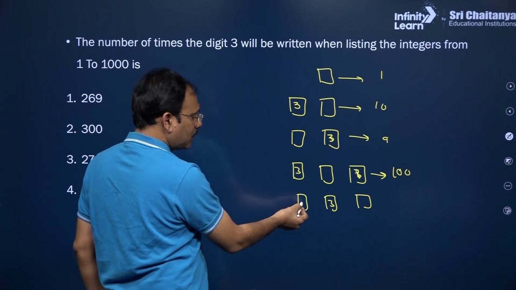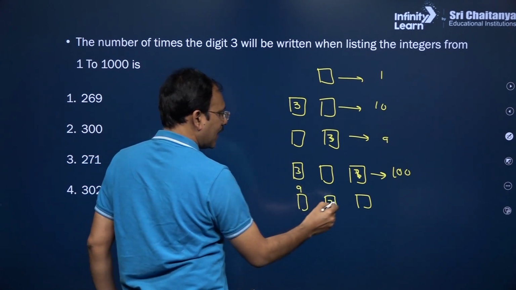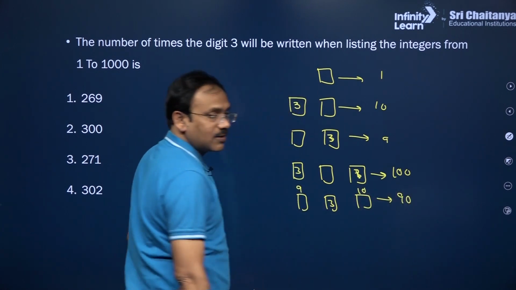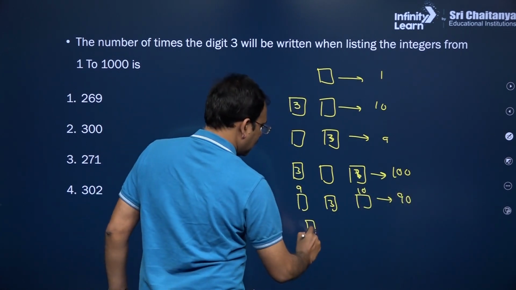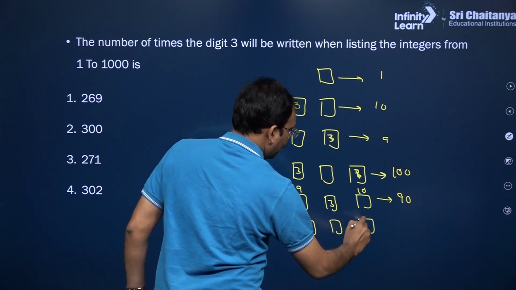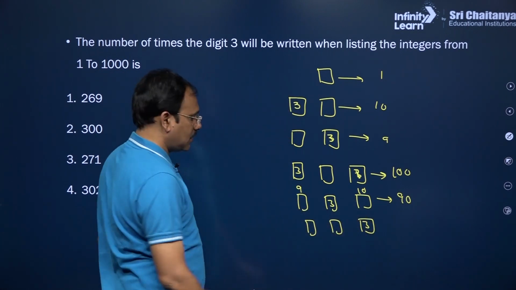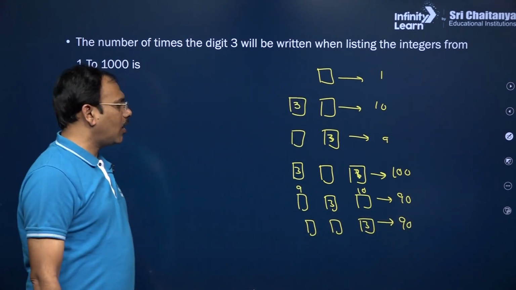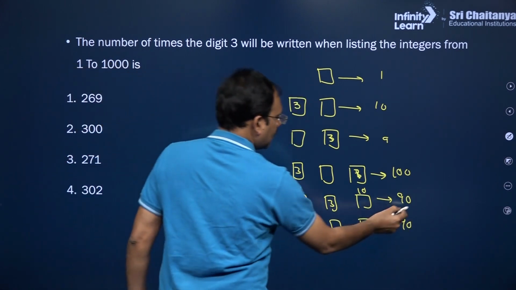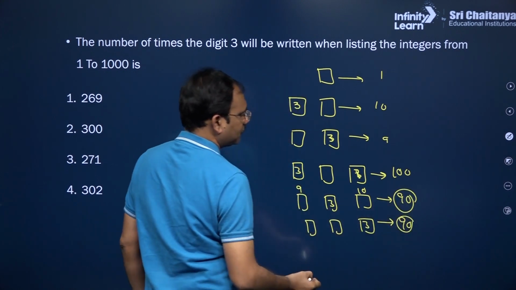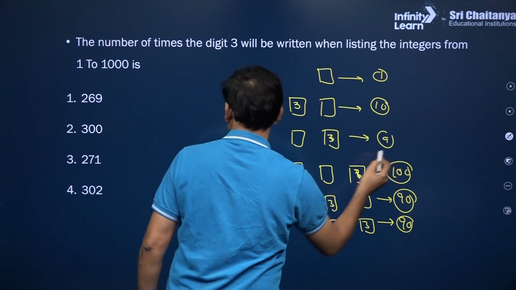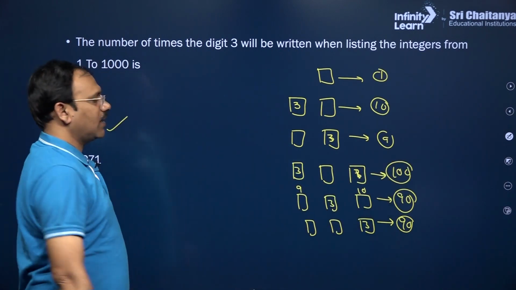Here you cannot put 0, here it can be filled in 9 ways, here 10 ways, here 90 ways, my dear friends. Then if you put 3 here, you can say 9 into 10, 90 possibilities are there. Altogether, my dear friends, 180, 190, 200 and 100, 300 such possibilities will come.